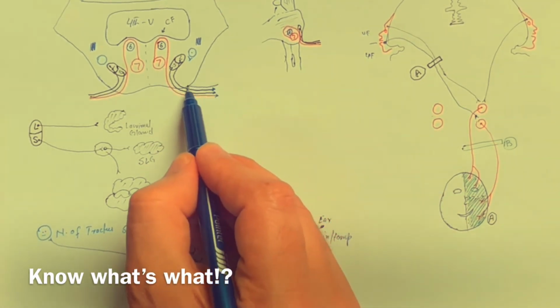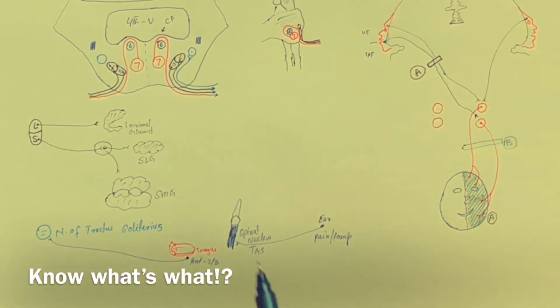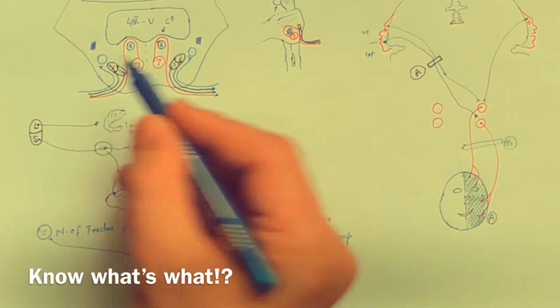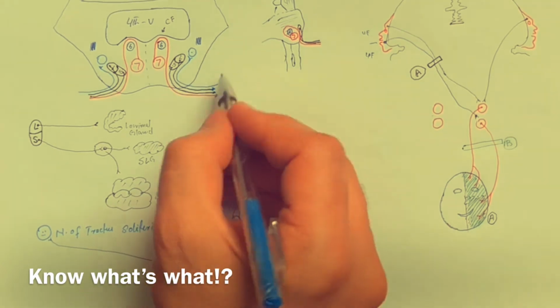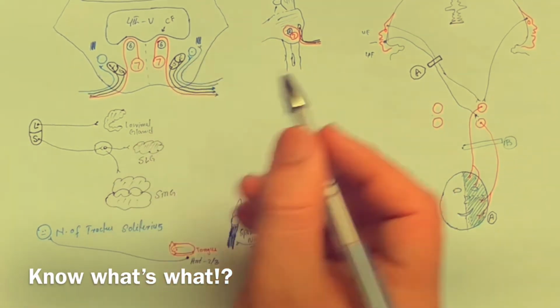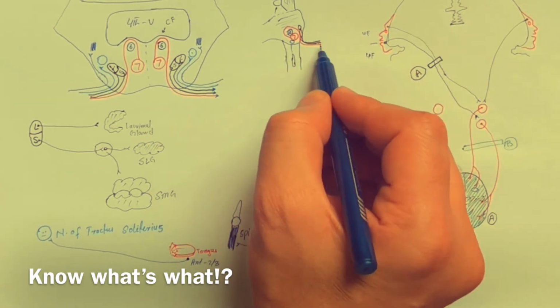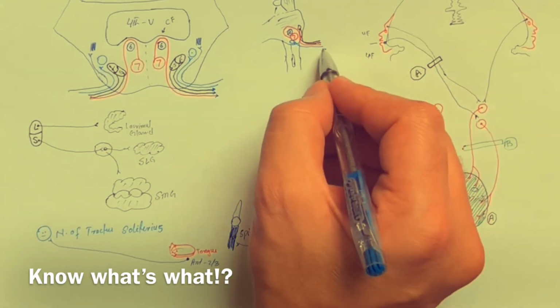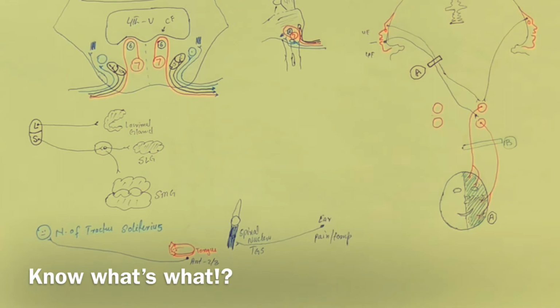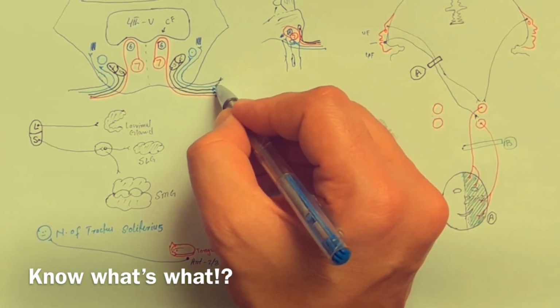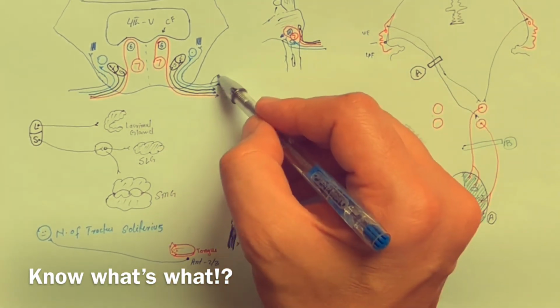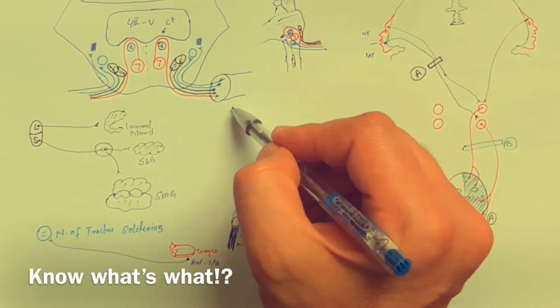Now, it also receives the incoming fibers, which are the taste fibers to the nucleus of tractus solitarius and the pain and temperature fibers to the spinal nucleus, right? All of these fibers together make the facial nerve. So the facial nerve has parasympathetic fibers, the sensory fibers, and the motor fibers.